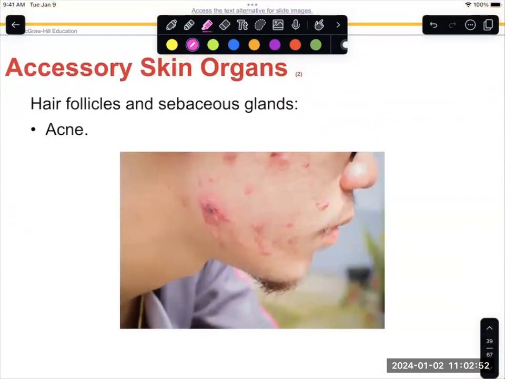Acne. With acne, those hair follicles get blocked by too much sebum and broken down keratin cells from the base of the hair follicle. This forms a comedo, which, if ruptured, allows bacteria to enter and forms a pustule. People are particularly prone to acne between the ages of 12 to 25.